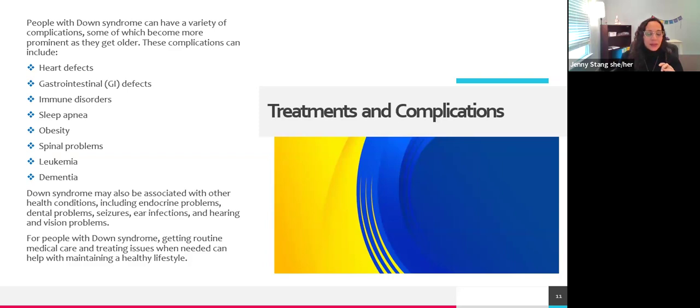The risk of developing digestive problems such as a GI blockage, heartburn, or celiac disease also may be increased. Immune disorders: because of abnormalities in the immune system, people with Down syndrome are at an increased risk of developing autoimmune disorders, some forms of cancer, and infectious diseases such as pneumonia.